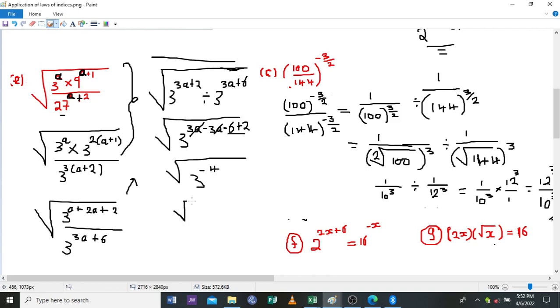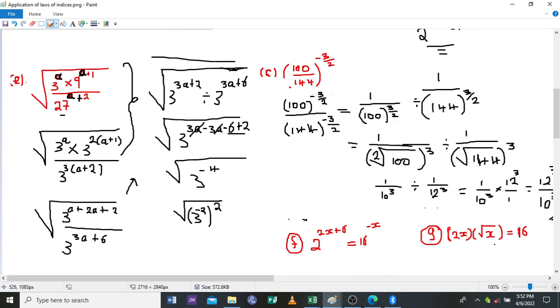This can be written as 3 raised to the power negative 2, again 2.